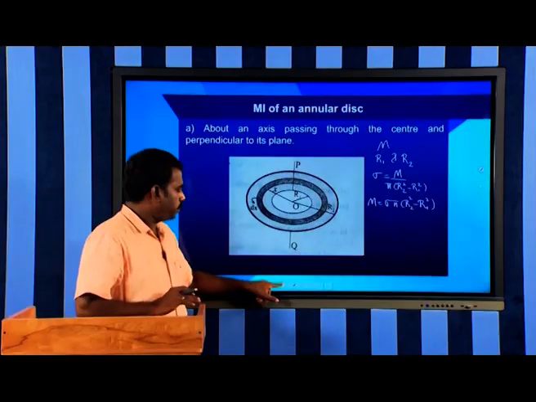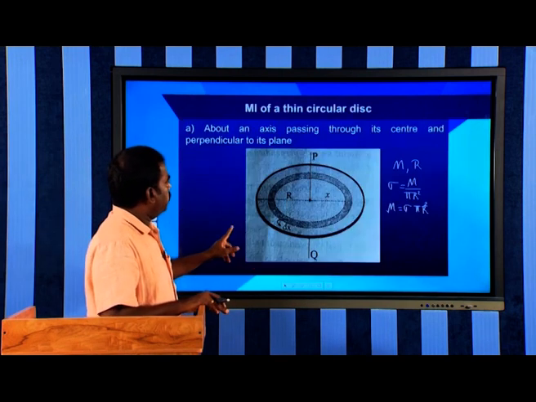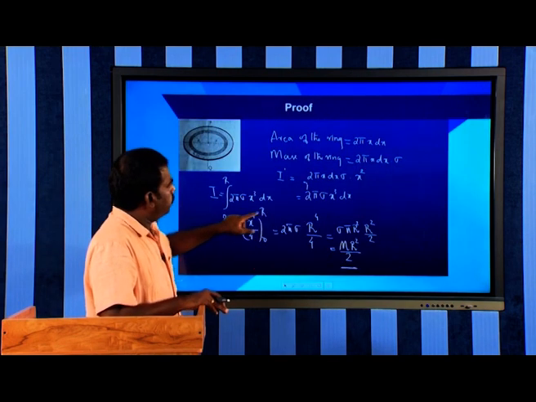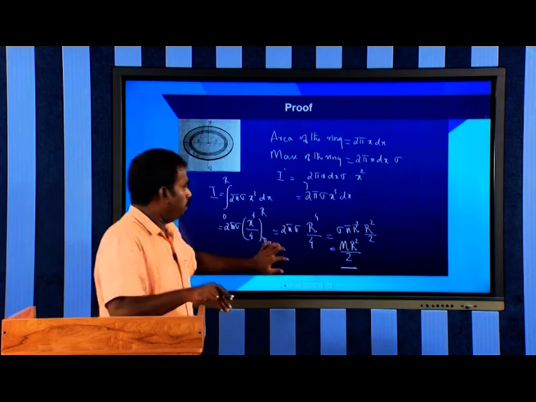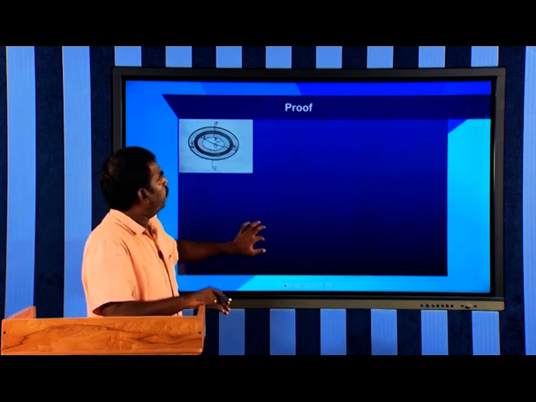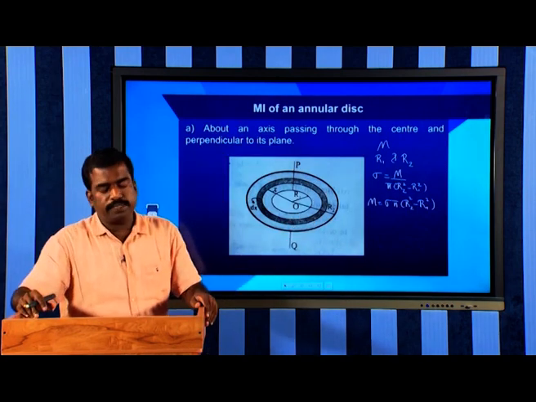So here also the area of the ring is 2 pi x dx, and the mass of the ring is 2 pi x dx sigma, the same thing we got in the circular disc.